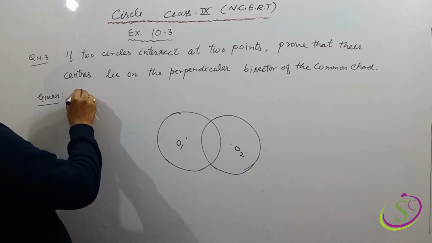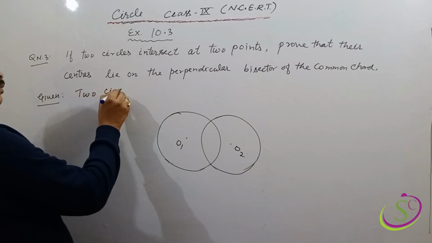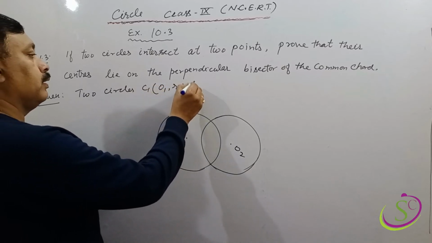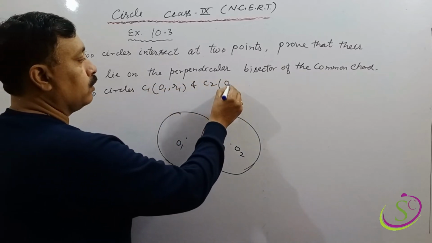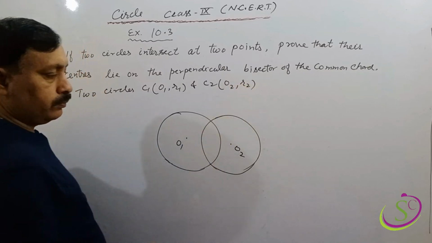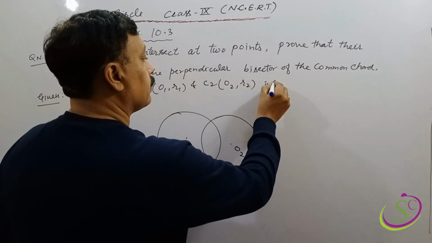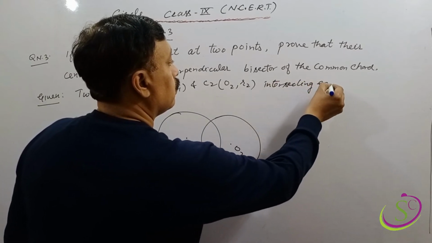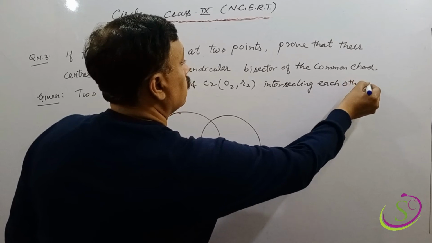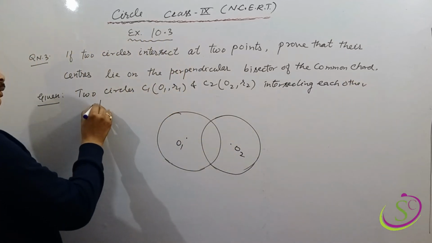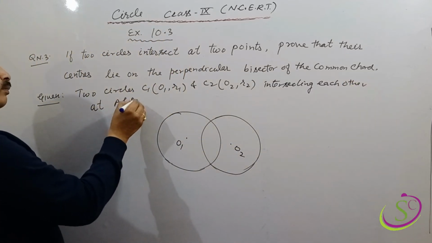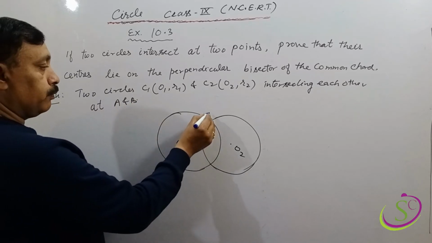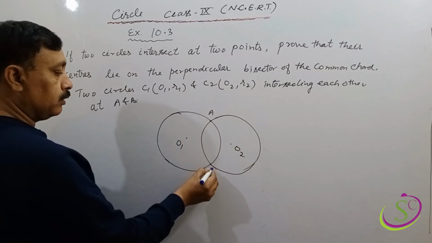Means two circles, C1 with center O1 and radius R1 and C2 with center O2 and radius R2, intersect each other at A and B. Clear? This point is A and this is B.